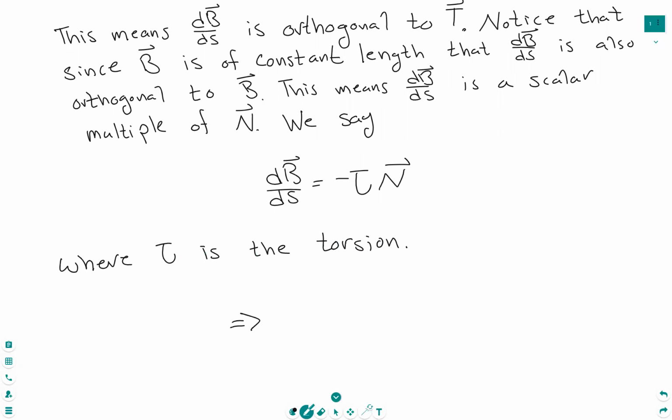So we can actually say that torsion is negative dB/ds dotted with N.